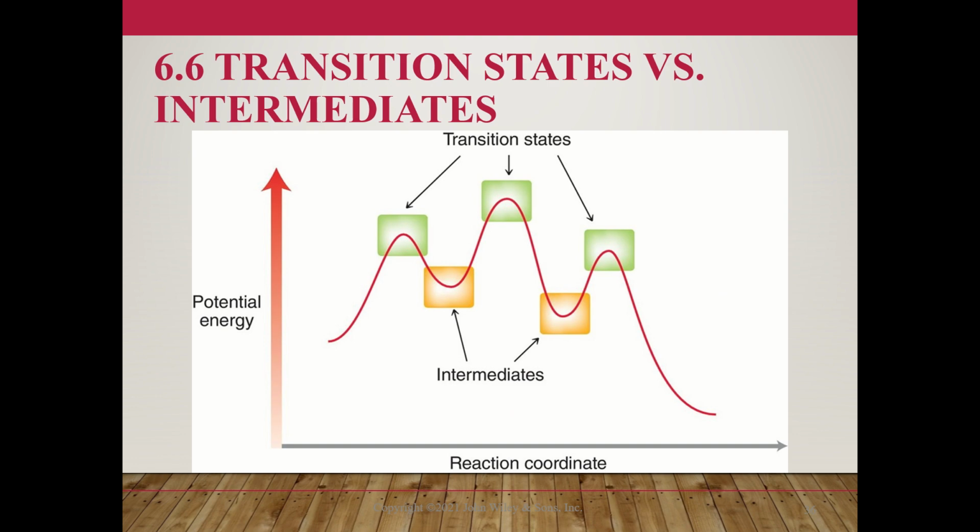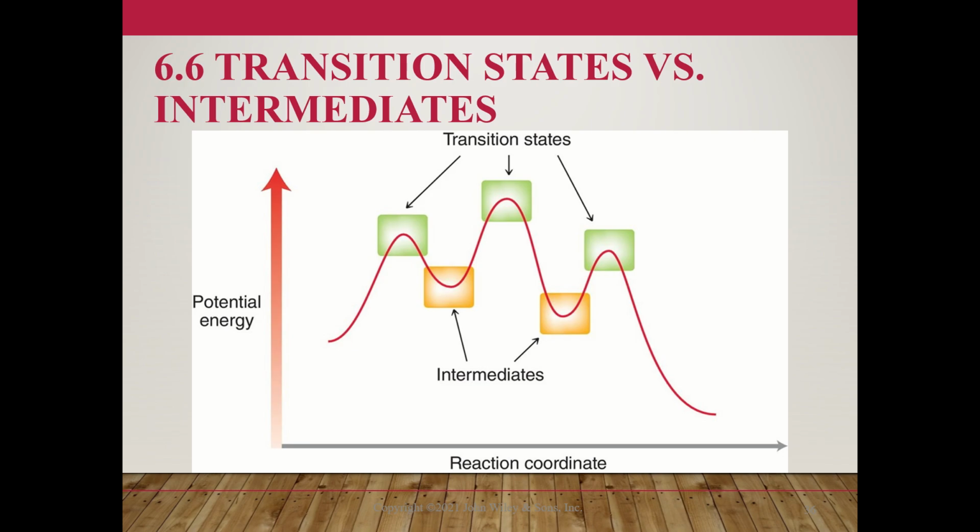Two different concepts that we can see in our diagrams can be transition states and intermediates. Transition states are when you have that maxima or a high point in your energy diagram where it goes from positive to negative slope, and then intermediates are where you have minima in your diagram where they go from negative to positive slope.